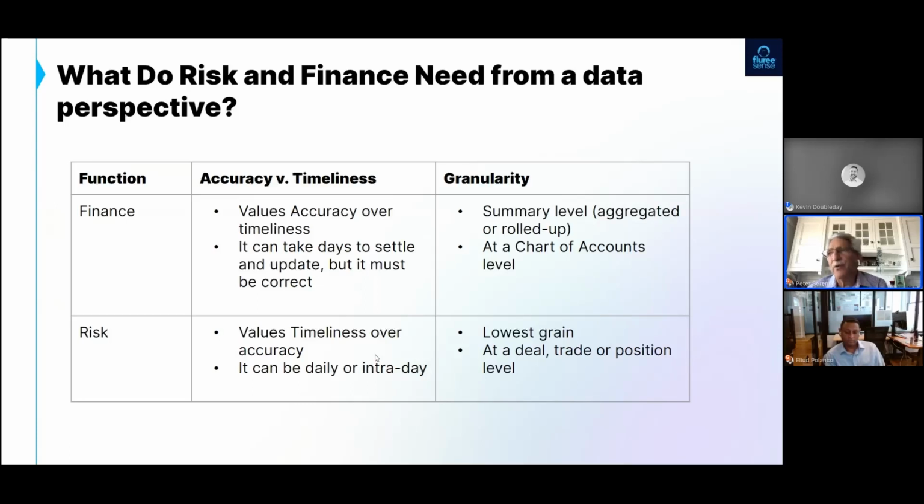What they also tend to do is summarize things. If you think about the GL and the chart of accounts there, it takes transactions and balances, classifies them, and then rolls them up. So then they're dealing with data at a summary level. Depending on the organization, they may get the details and create the summary level, and other organizations get the summary level from the business.